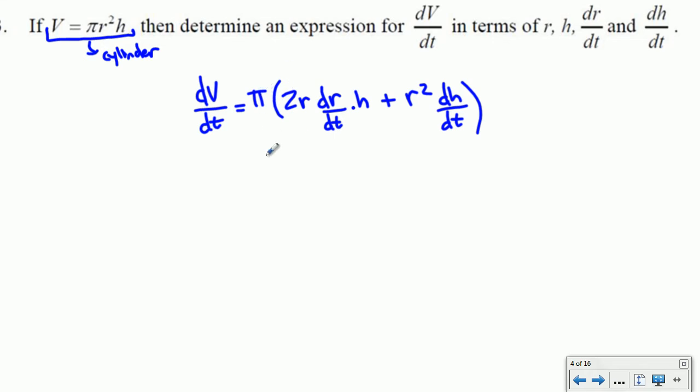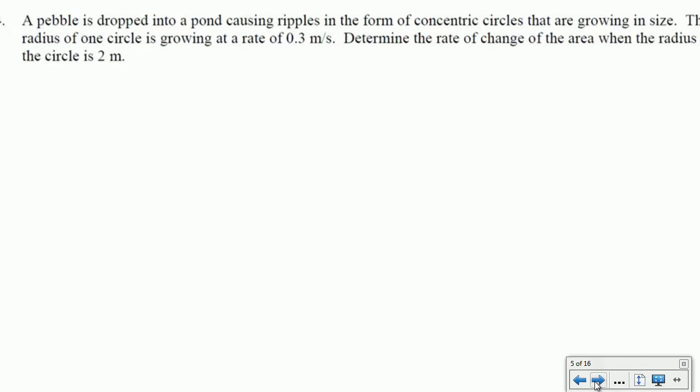You could distribute the pi in there, so you would then have 2 pi r h dr/dt plus pi r squared dh/dt. And that's it.